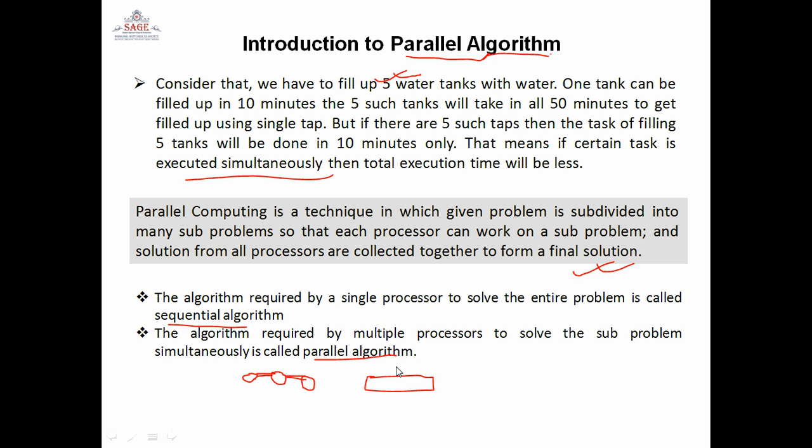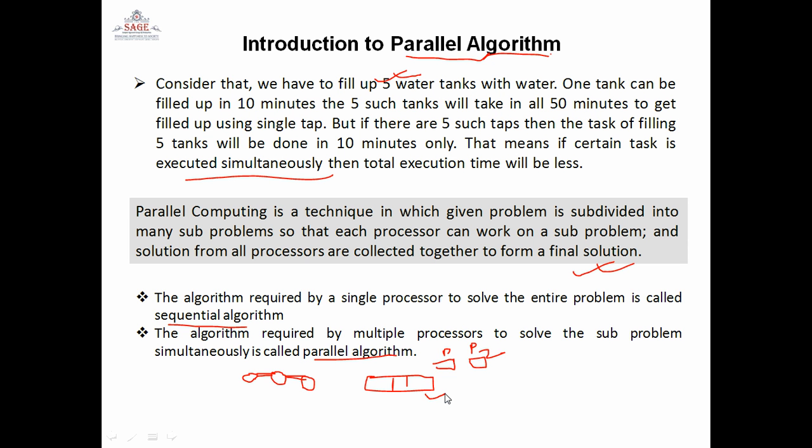The communication between the processors is done through the global memory. This is our global memory, where all processors will do their work. This is processor P1, this is P2, and this is the global memory we have.